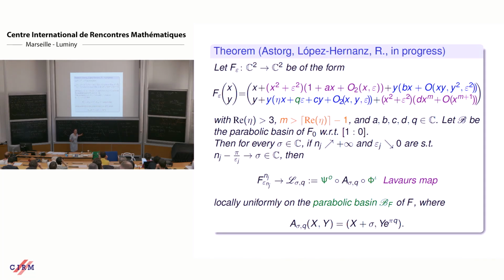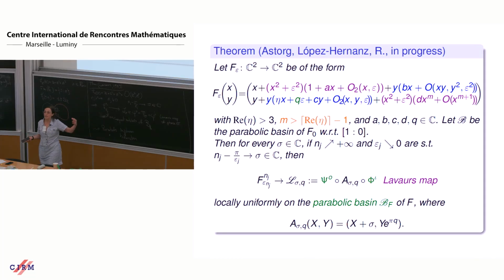But you have to pay a price. The price you pay is that you're working with stuff which is two-dimensional, so you will get a two-dimensional Lavaurs map, okay? What we are doing is that you see over there, there is an n which is bigger than the ceiling of the real part of eta, which is 1 plus the director, and so on and so forth.